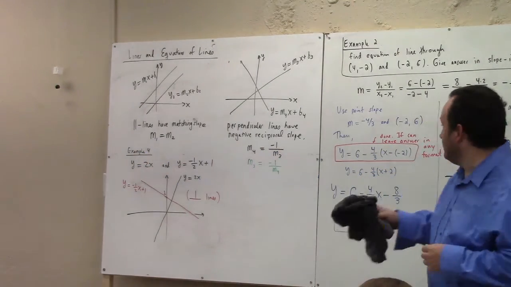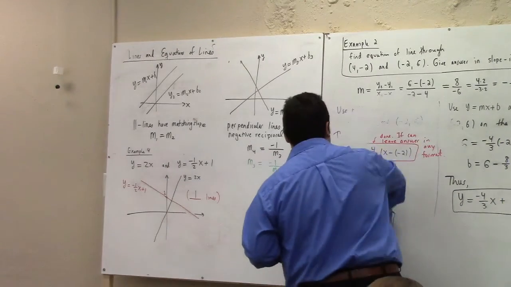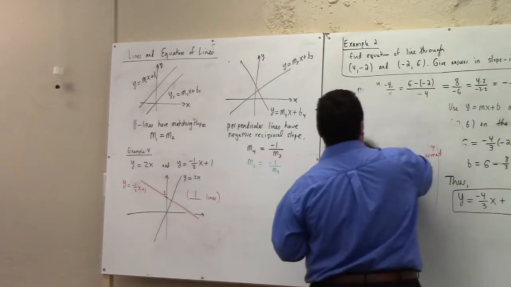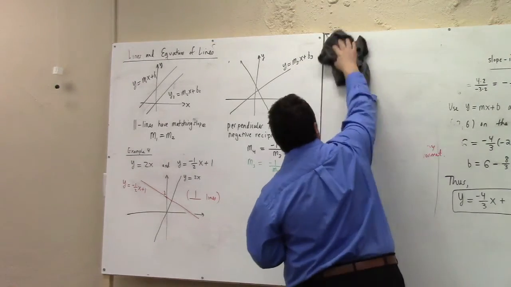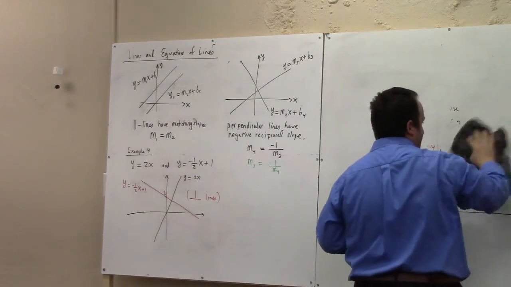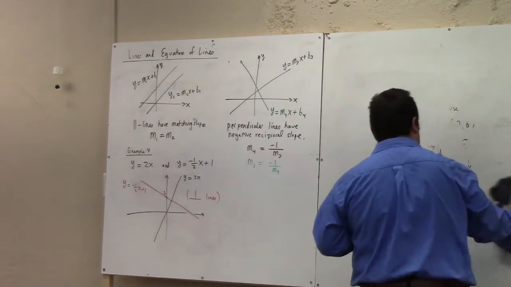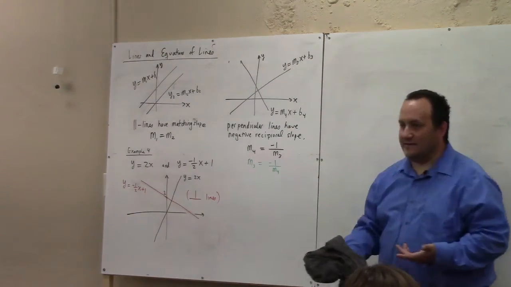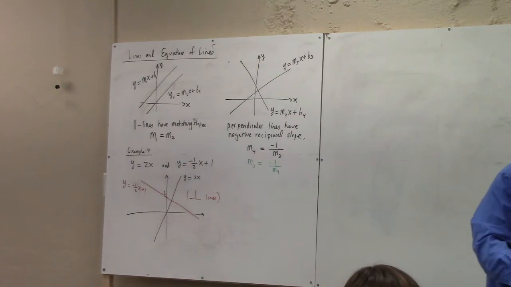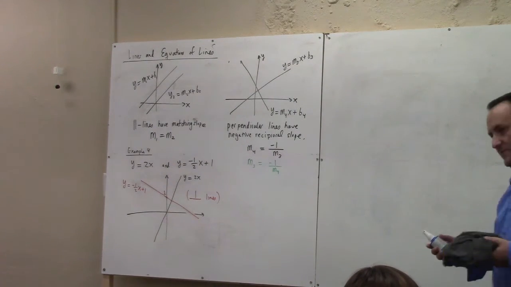What do you guys think? Are these lines parallel? You're like, that's a dumb question. Obviously, these lines are not parallel, right? Do they have the same slope? No. They have negative reciprocal slopes.